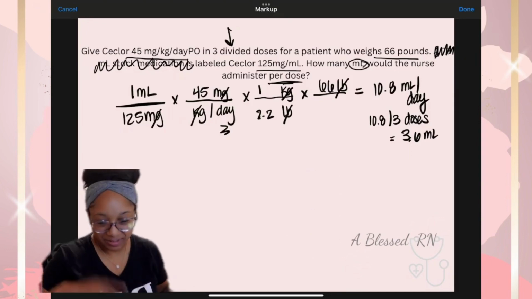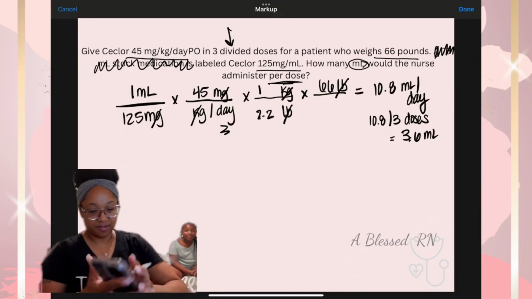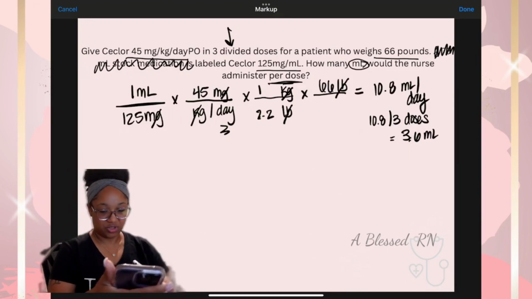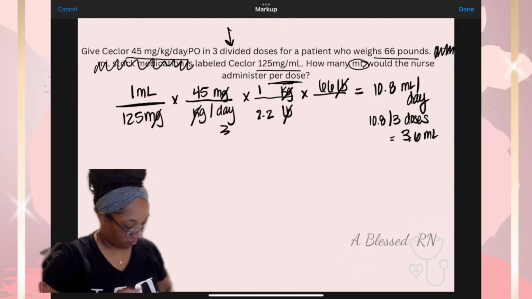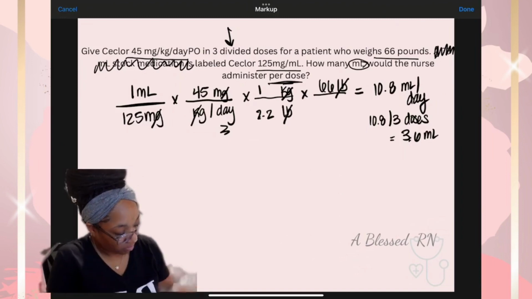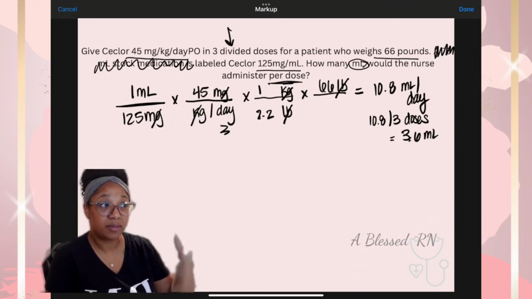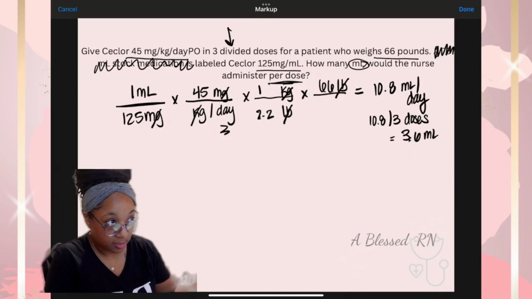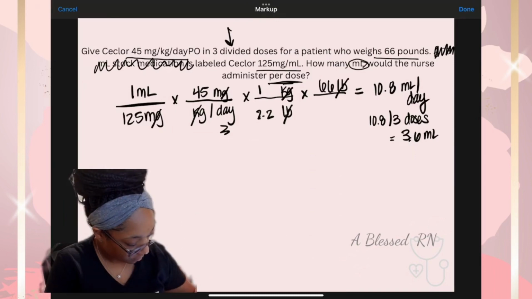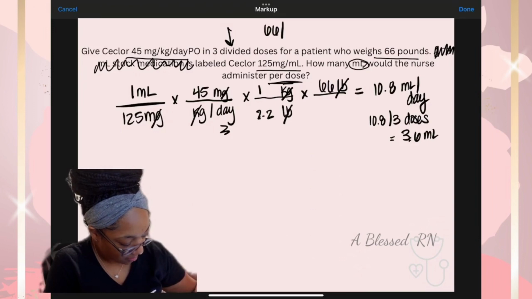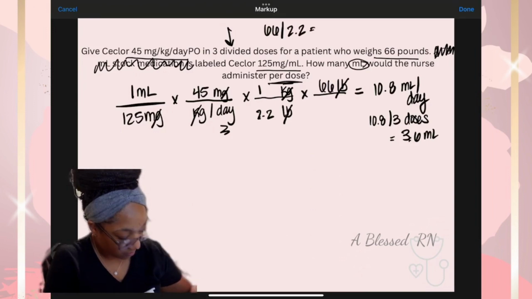Amber, stop. Okay. So I'm going to show you a different way to break it down. All right. So the first thing will be what? P, patient. So let's change the patient's weight from pounds to kilograms. So that would be 66 divided by 2.2, right?